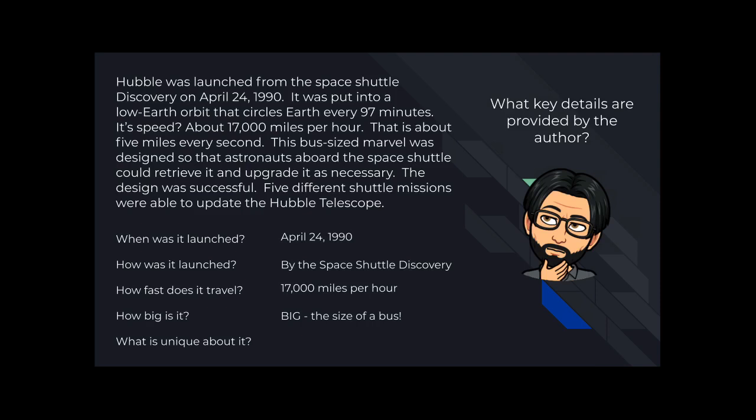Well, it says that it was designed so that astronauts aboard the space shuttle could retrieve it and upgrade it as necessary. And we're also told that there were 5 different shuttle missions that were successful, and they were able to update the Hubble telescope. So it's unique because it's designed to last and easy to upgrade.